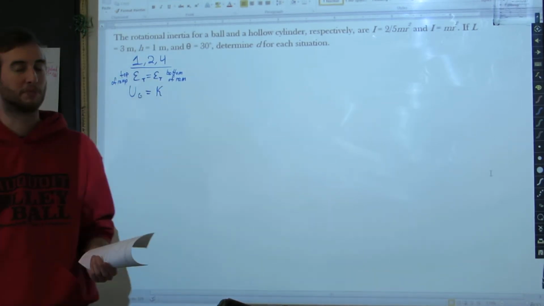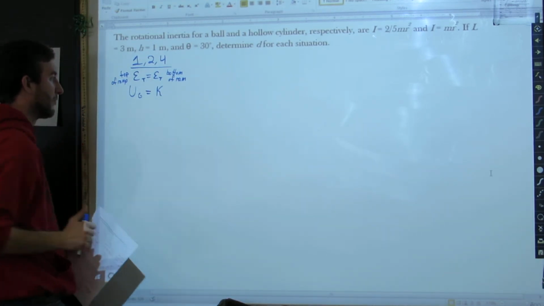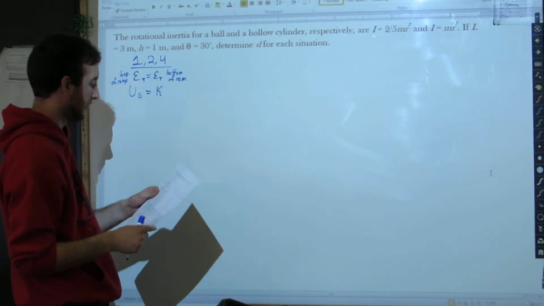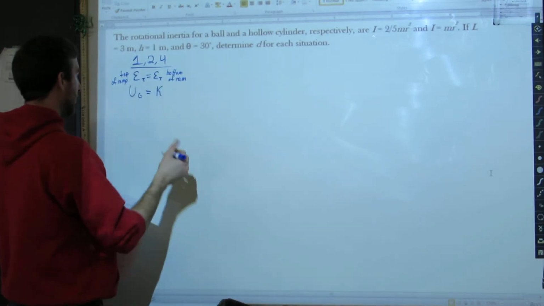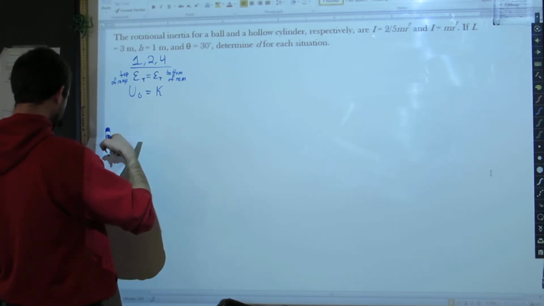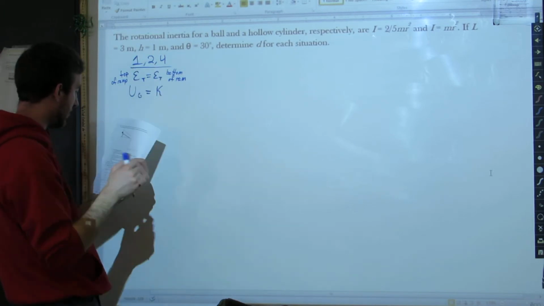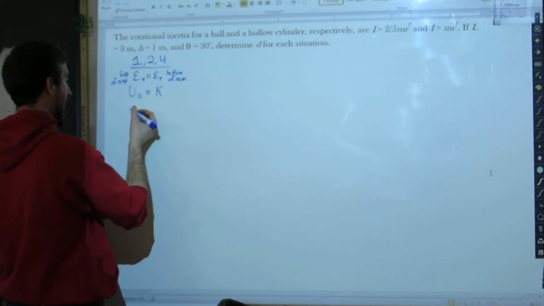And since they slide, this is purely translational kinetic energy. We know the gravitational potential is mgh. Oh, h, okay, I see. I forgot what I made h.